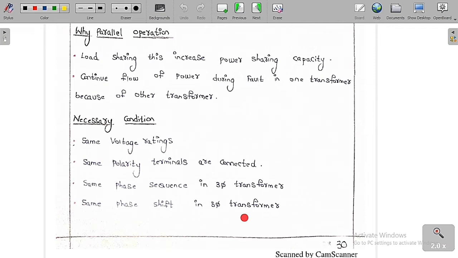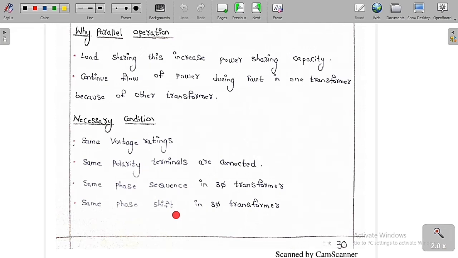Similarly, in a three-phase star delta, again the same phase shift should be there. So these are the four necessary conditions you should always check before connecting the load to these parallel transformers. One, they should have the same voltage ratings.